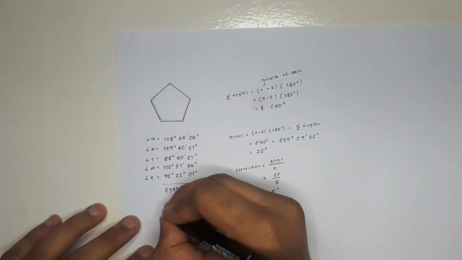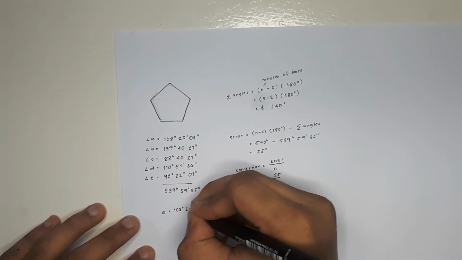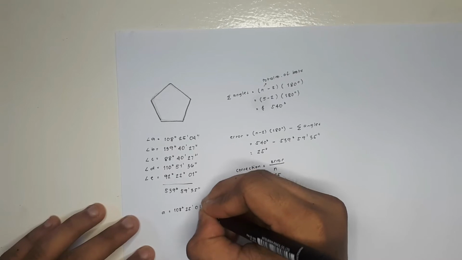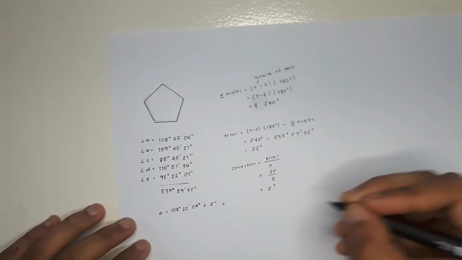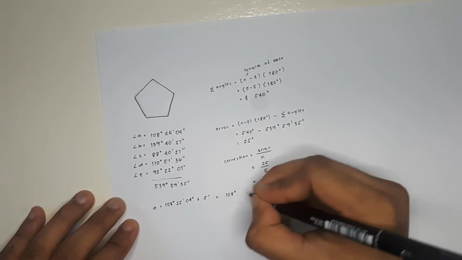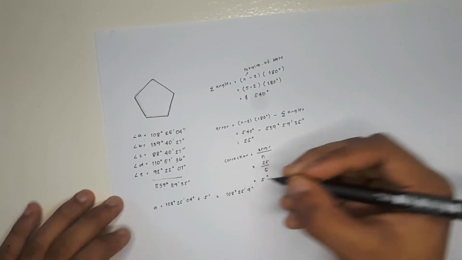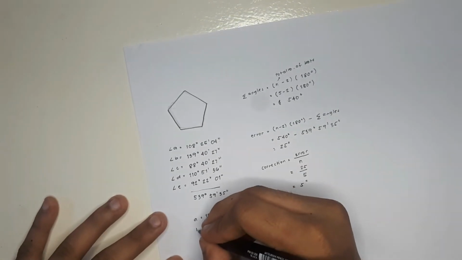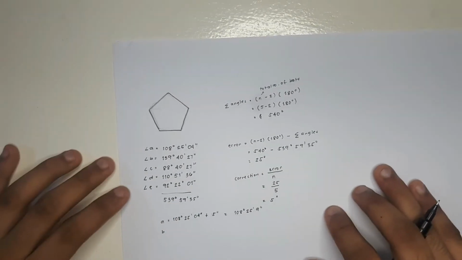So we have the angle A, 108 degrees, 25 minutes, 4 seconds, plus 5 seconds. This will give us 108 degrees, 25 minutes, and 9 seconds. For angle B, we will just compute the remaining ones following the same procedure.